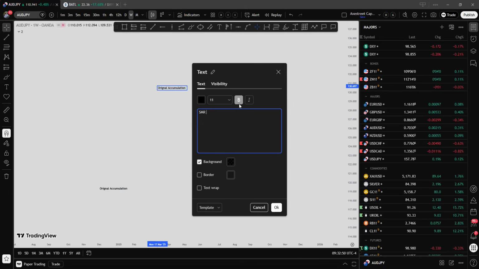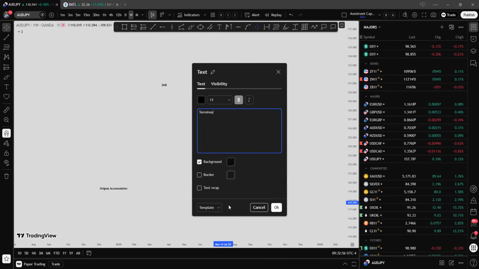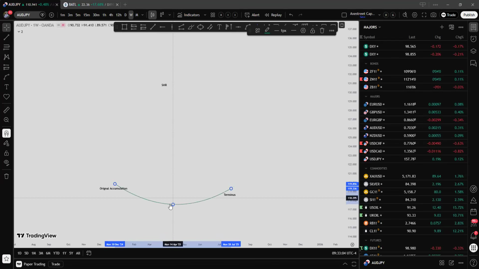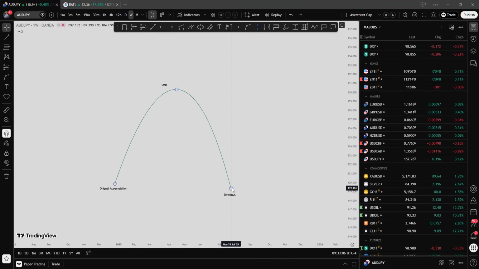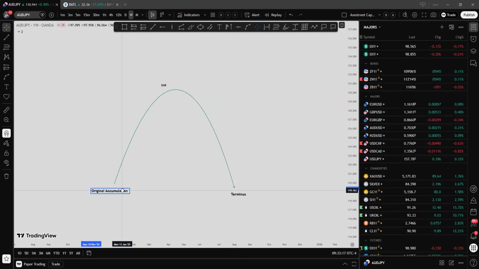On the top, we'll have a smart money reversal, and on the bottom, we'll have our terminus. These three steps right here are the most simplistic way to look at a market maker model if you are not familiar with them already. We'll get into a bit more depth in a moment, but we really just need everybody to get a good understanding of what a market maker model is.